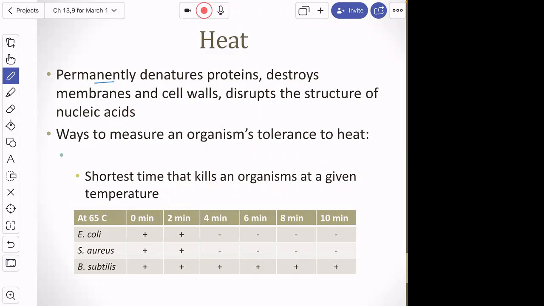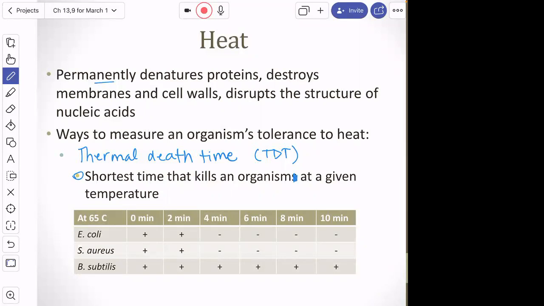One of the things that we try to measure is an organism's thermal death time. Okay, in other words, the TDT, thermal death time. What is that? That's the shortest time that kills an organism at a given temperature.